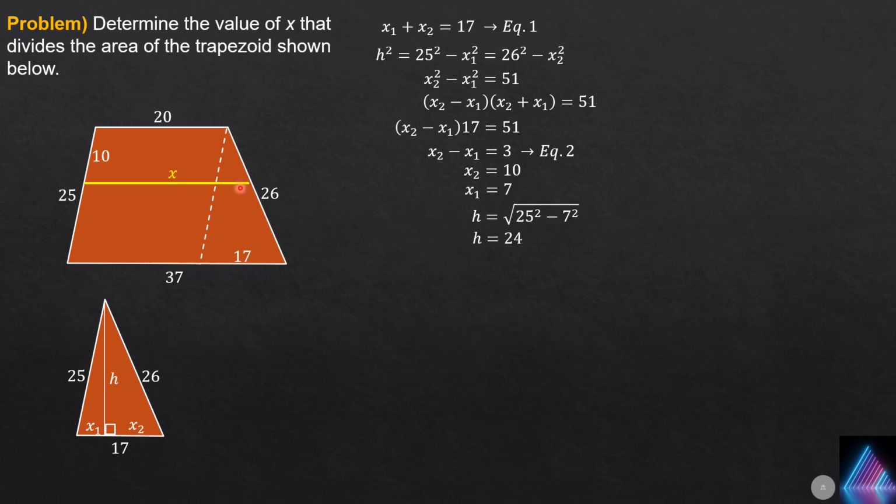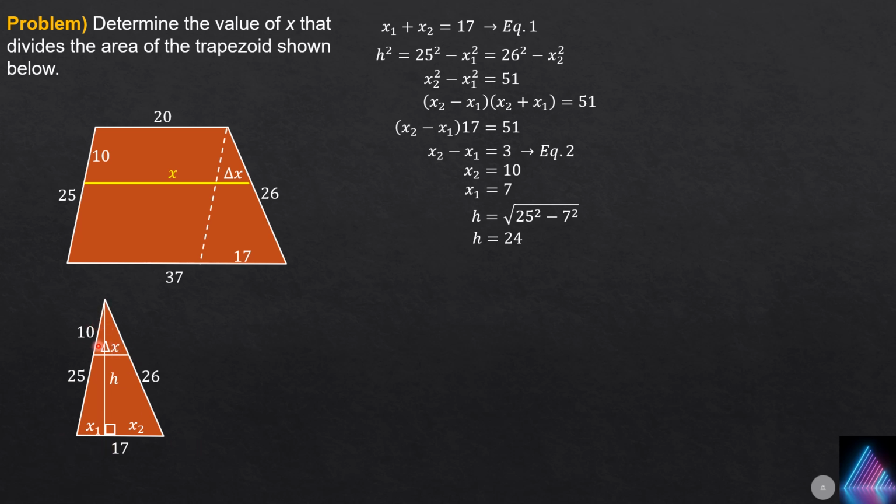Then by calling this delta x, and by similar triangles, we also apply it here, delta x, and let's call this part 10. So therefore, by similar triangles, we have this small triangle here similar to the bigger one.